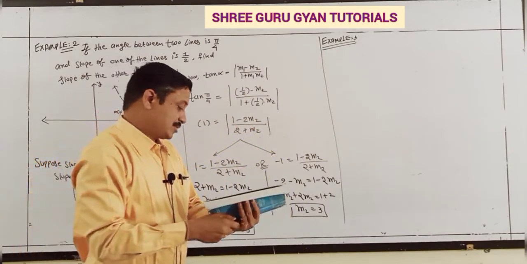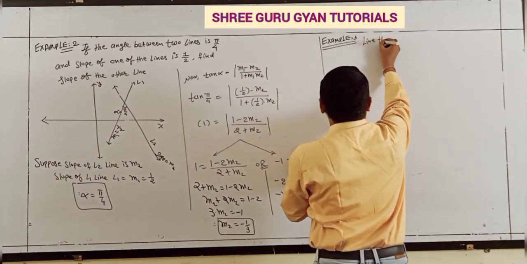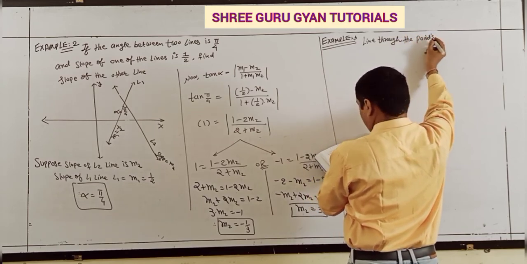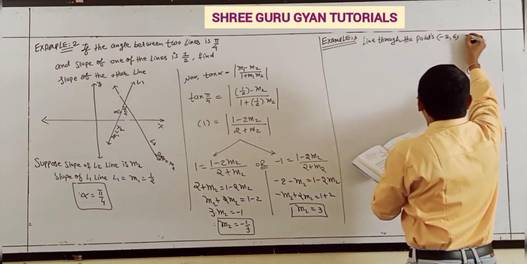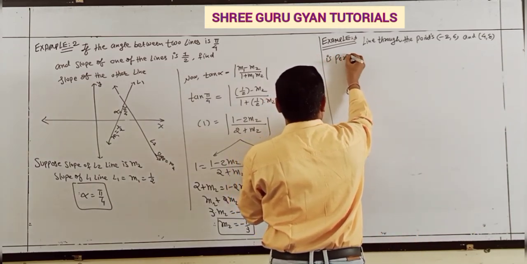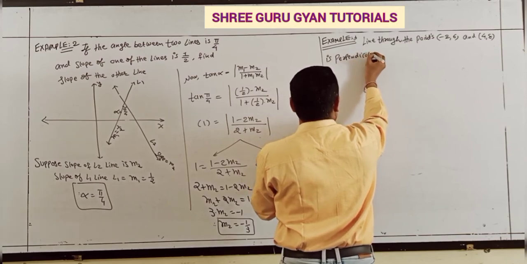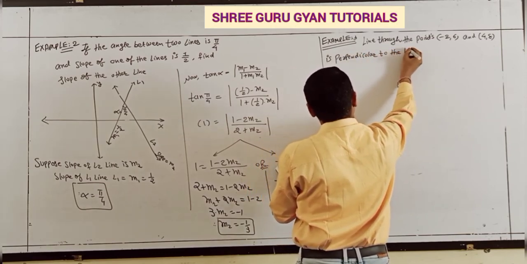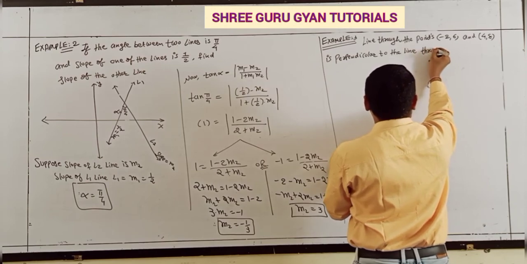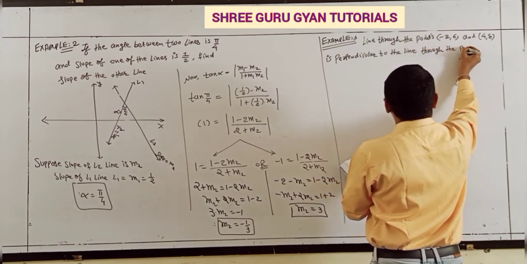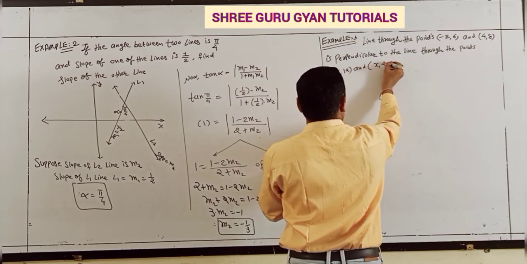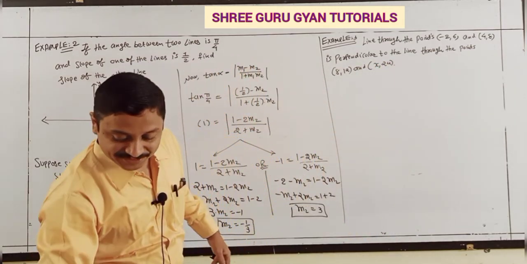So the question is: a line passing through the points (minus 2, 6) and (4, 8) is perpendicular to the line through the points (8, 12) and (x, 24). Find the value of x.